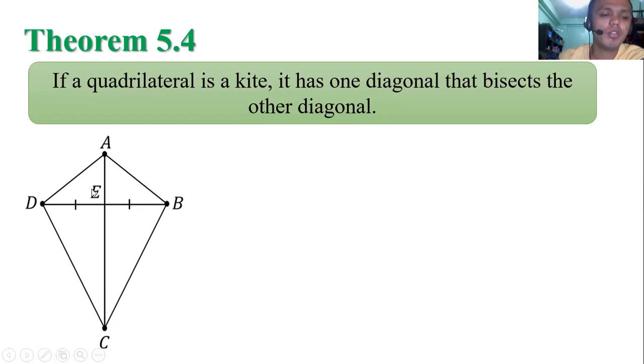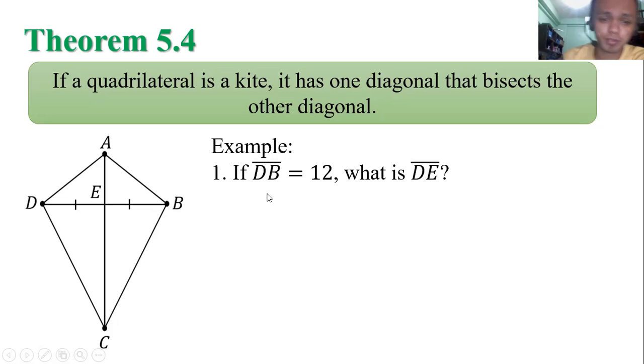So now, if AC bisects DB, therefore we can form here again a perpendicular line, and the point of intersection nila is E. So yung point E natin dito will serve as the midpoint of segment DB. And therefore, DE is equal to EB here. Kasi nga, nadi-divide into 2 yung DB natin by AC. Okay, nagiging bisector siya, no?